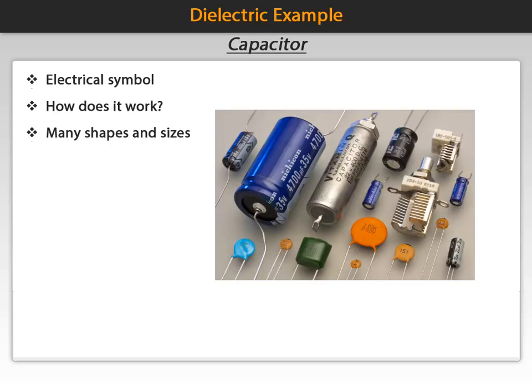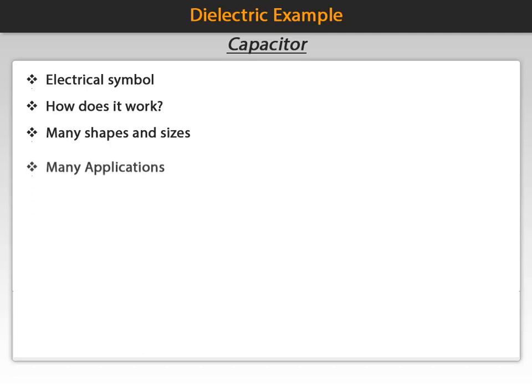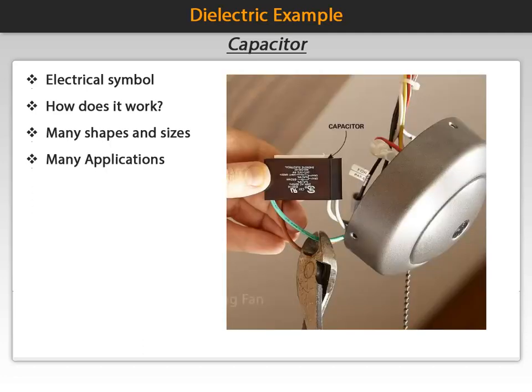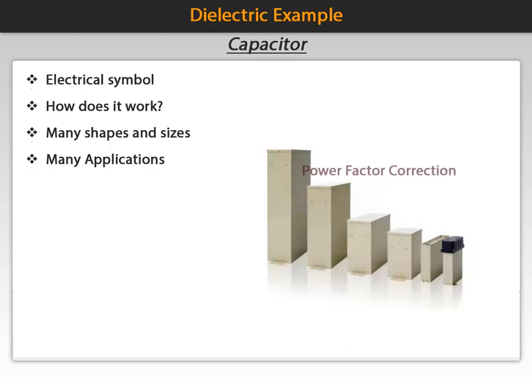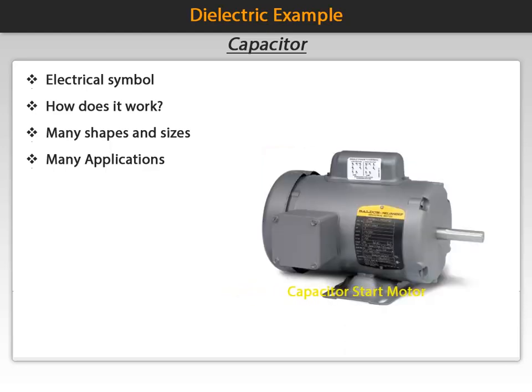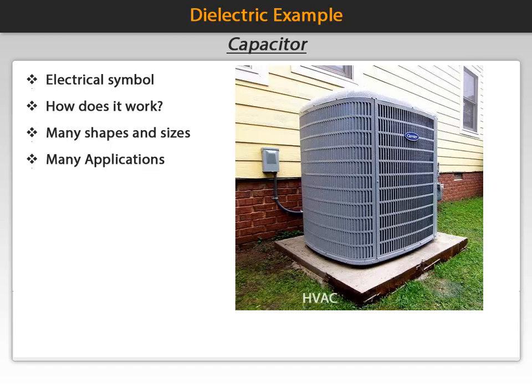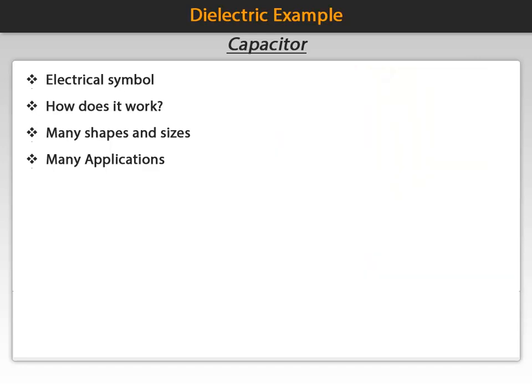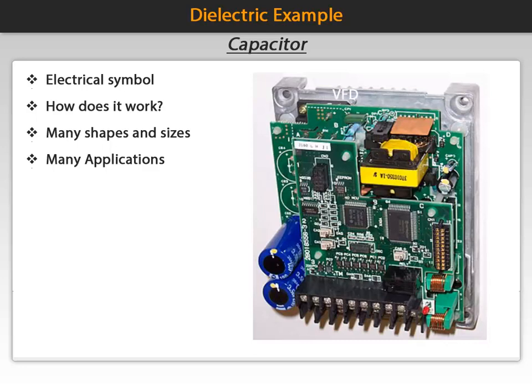Many applications you see every day and do not give it a thought. They are used in ceiling fans, power factor correction for industrial plants, capacitor start motors, which you might find in HVAC applications, variable frequency drives, and many more.